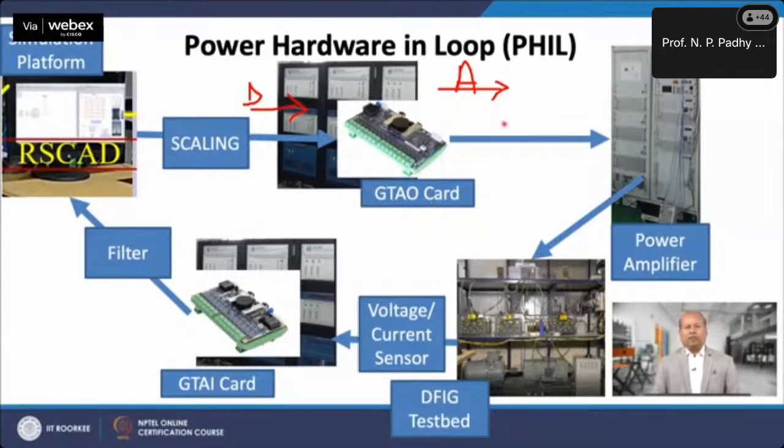Such voltage and current levels are much below the test power devices operating voltage and current range. As a result, in PHIL simulation, amplifiers are needed to scale the signals sent from the RTDS to those needed by the test equipment.